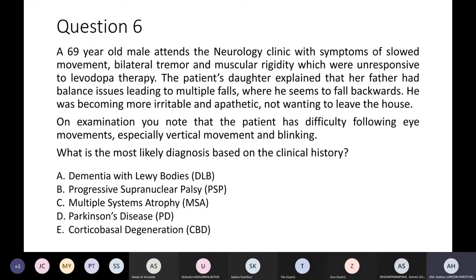He was becoming more irritable and apathetic, not wanting to leave the house. On examination, you note the patient has difficulty following eye movements, especially vertical movement, and problems with blinking too. What is the most likely diagnosis based on the clinical history?